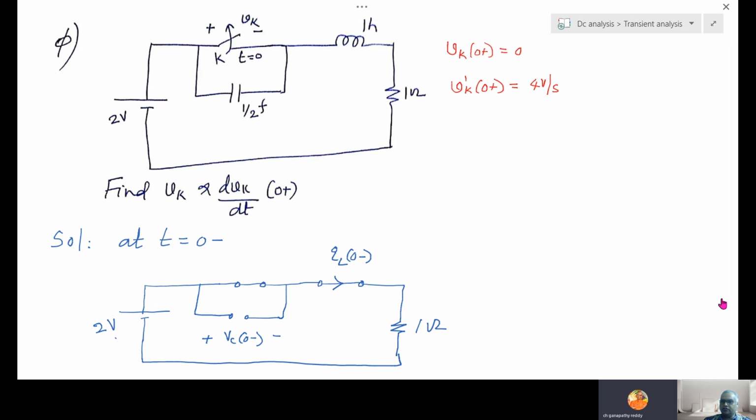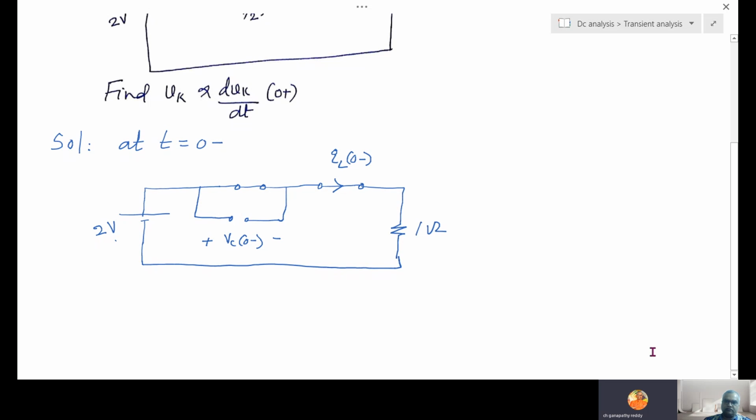Now looking at this circuit, we need to find IL(0-) and Vc(0-). Across the capacitor, the switch is closed now.